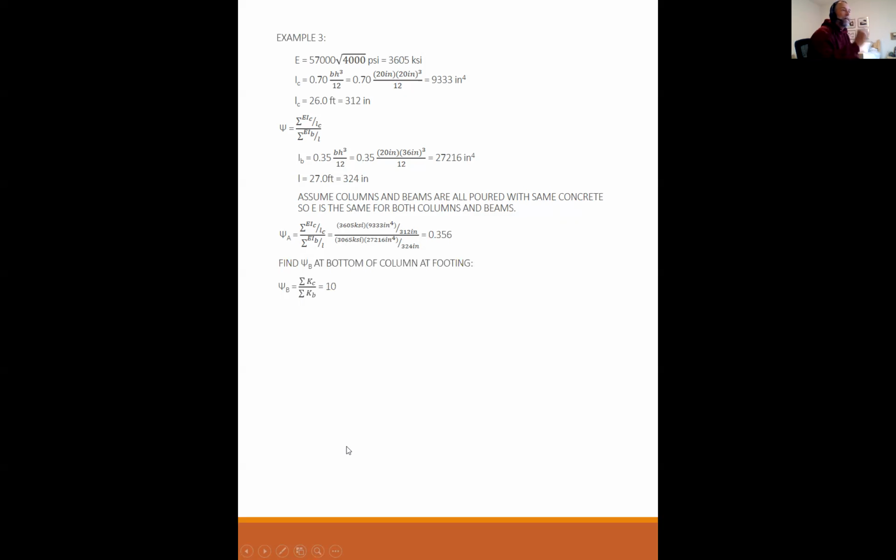Remember, we defined psi at a pin as infinity, but the recommendation is don't use infinity because nothing is ever a perfect pin. Use 10. So we're going to use 0.356 at the top and 10 at the bottom at a pin connection.